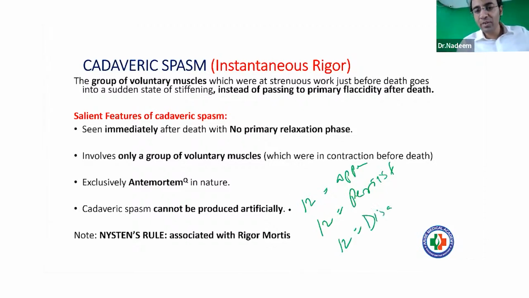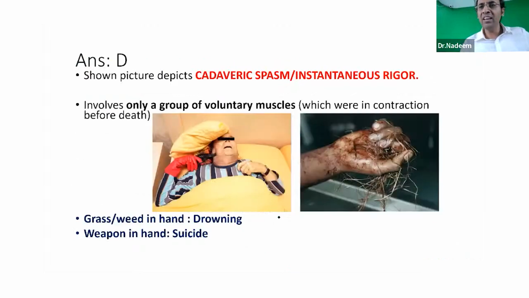Rule of 12, this is for rigor mortis. And after that, there is one rule called Nysten's rule.